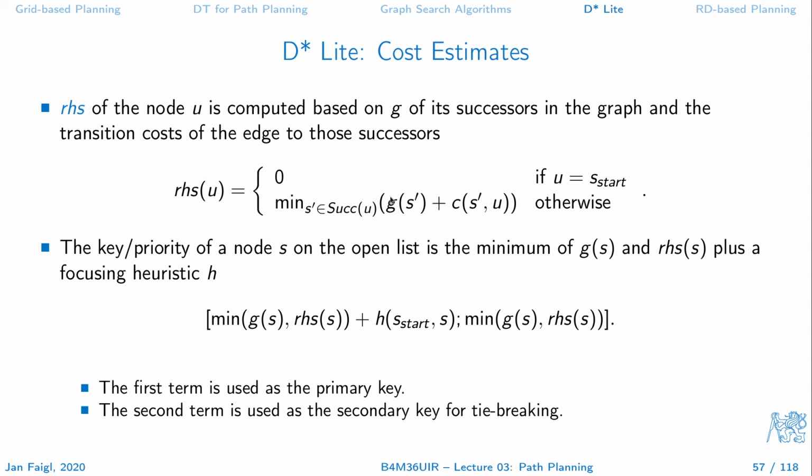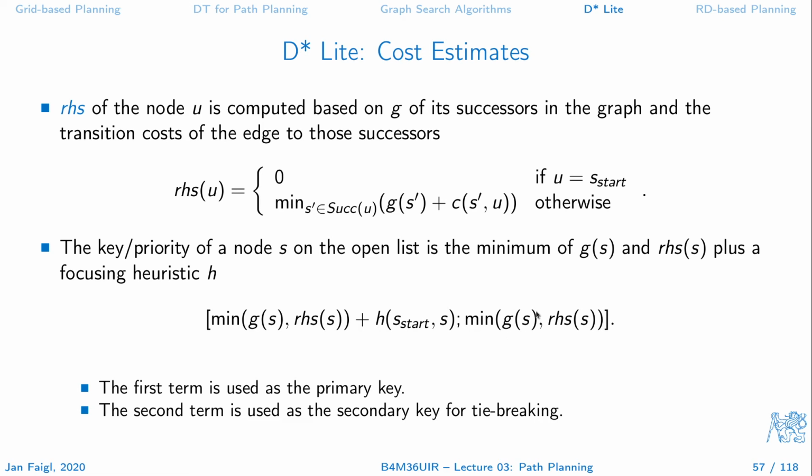This is the current cheapest path to reach u. We consider the priority, or key value, for the open list as the minimum of the g value and RHS, plus some focus on the heuristic h.